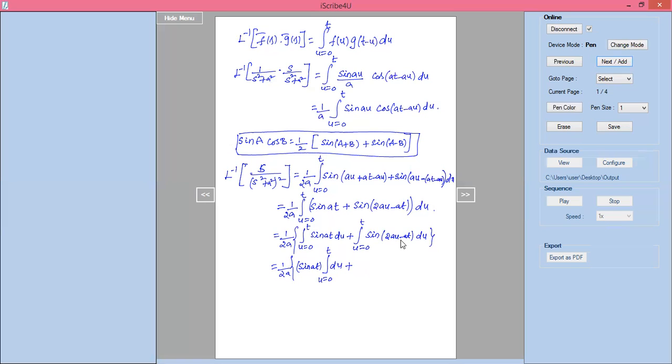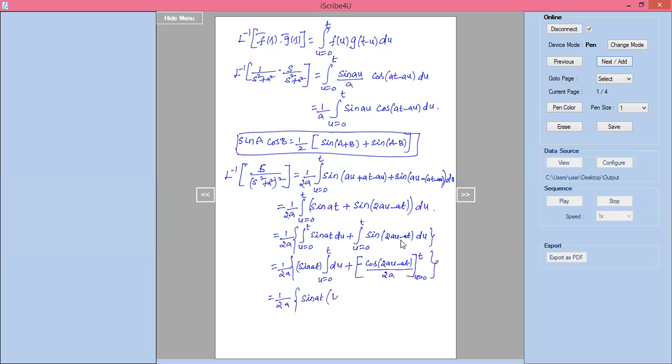Sin AT is constant and does not depend on u, so I took it outside. The integration of sin of 2AU minus AT is minus cos of 2AU minus AT divided by 2A, the derivative of 2AU minus AT, with limits u equal to 0 to t. Now I'll write 1 by 2A into sin AT.